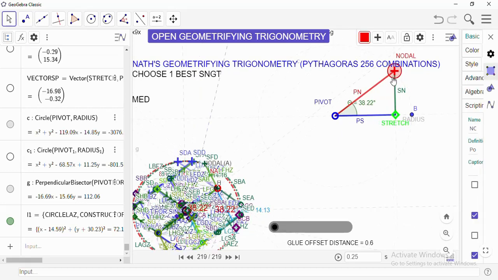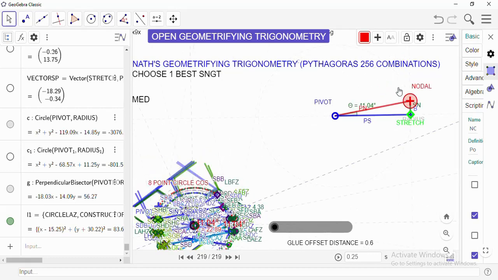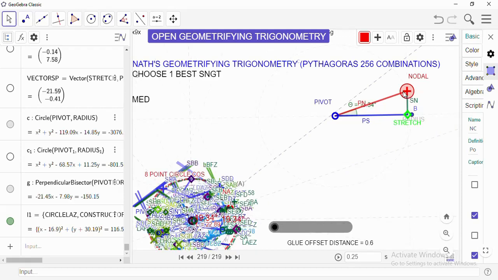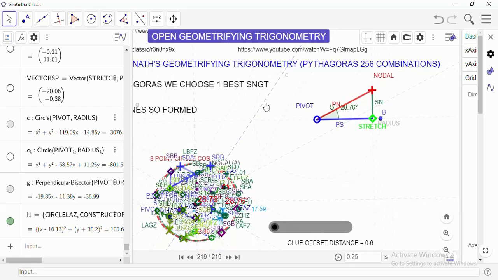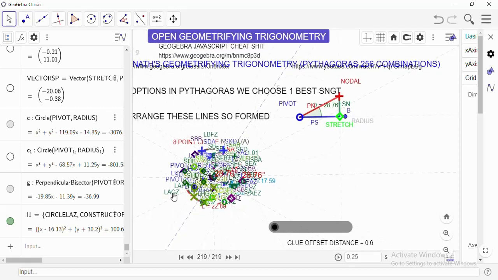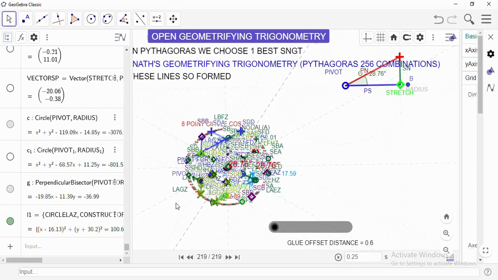Suppose we reduce this value to around 28 degrees, then we can see the magic of these alignments of line segments.